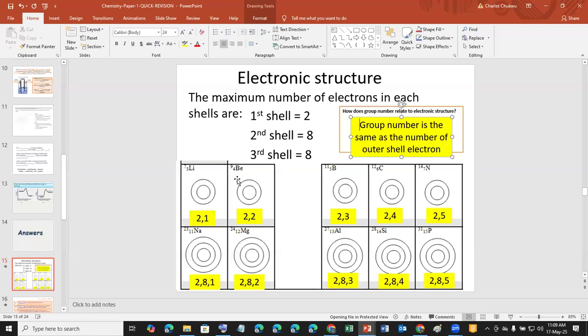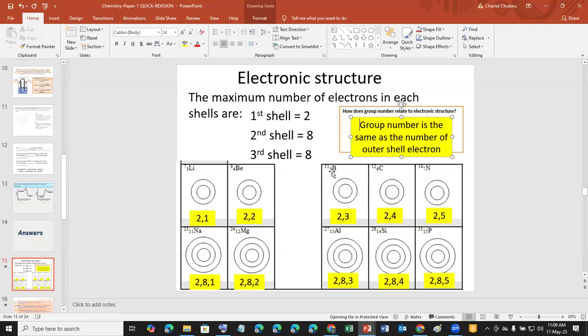So you can simply look at 4 and break it down: 2 plus 2 is 4. Same thing with magnesium, the one under beryllium, which is 12. So 2 plus 8, 10, plus 2, 12. The outermost 2, the one on the extreme right, is what tells us that beryllium and magnesium should both be in group 2.